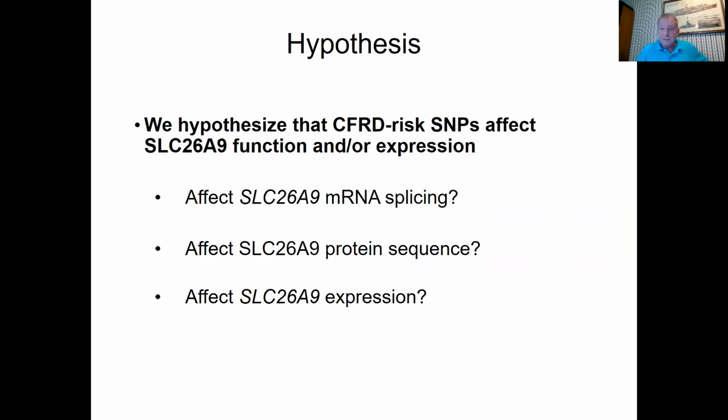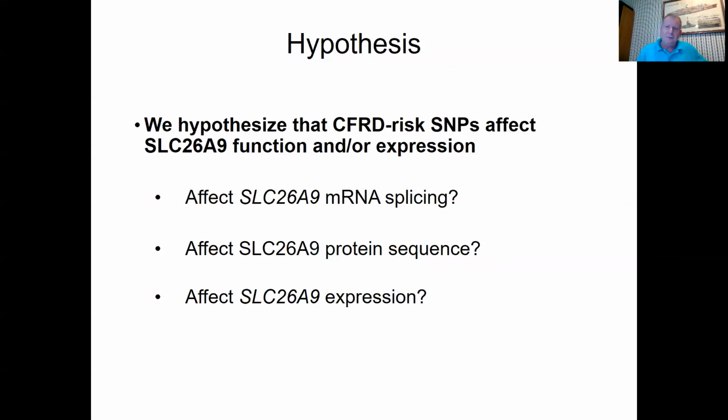So how are these SNPs, these genetic variants that confer risk of diabetes, influencing how A9 works? In fact, are they influencing how A9 works? Because some GWAS studies have identified variants that are not altering the function or expression of the nearby gene. It's some other gene at some distance.